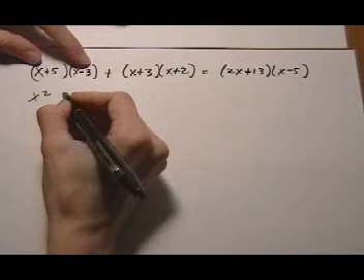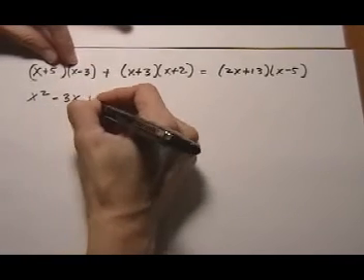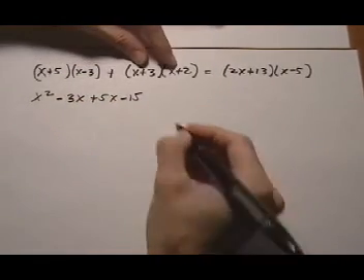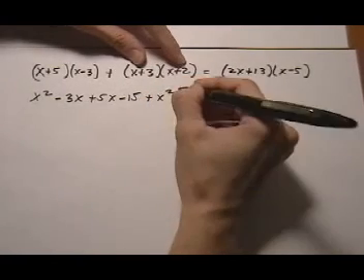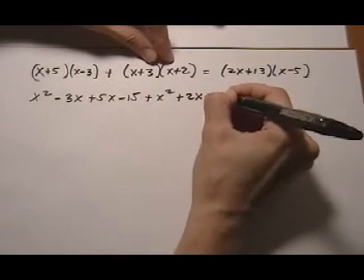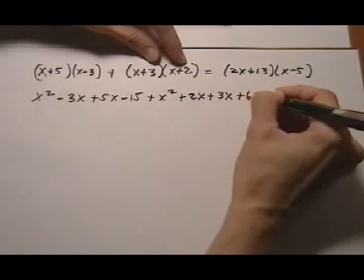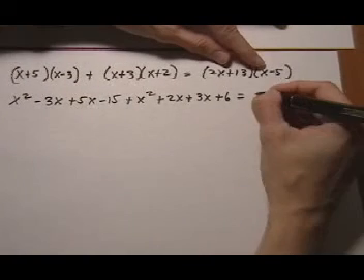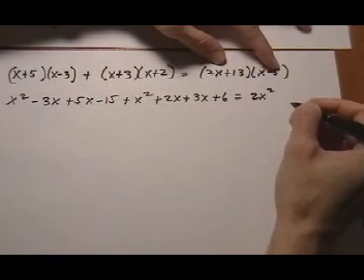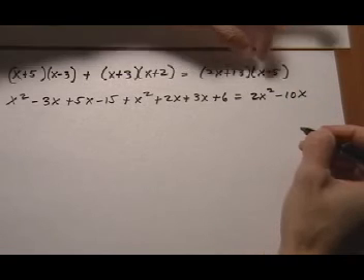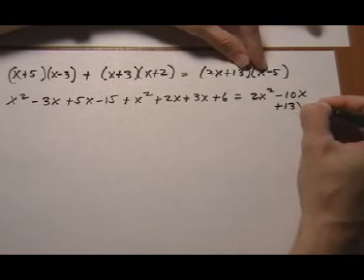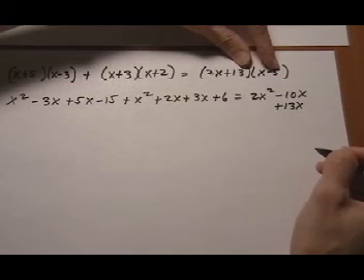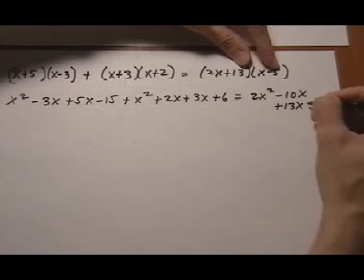X squared minus 3x plus 5x minus 15 plus x squared plus 2x plus 3x plus 6 equals 2x squared minus 10x plus 13x, and I'm just going to line them up here because I'm running out of space, and they're like terms anyways, minus 13 times 5, it gives us 65.